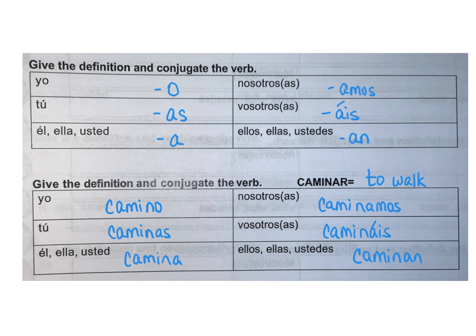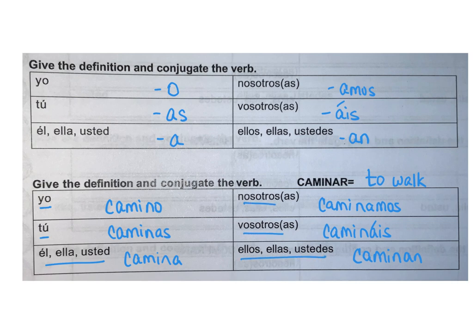If I were to say Miss Amy and I walk, which conjugation would I use? Which conjugation is that? I'm hearing it, caminamos, right? We walk, all right?